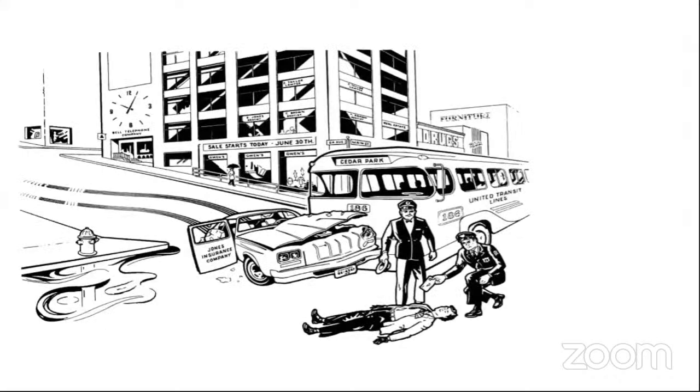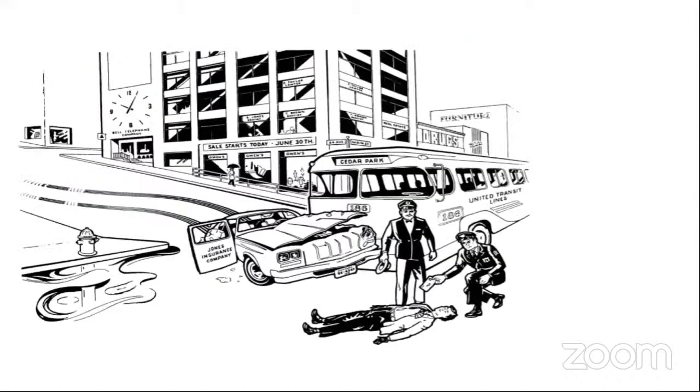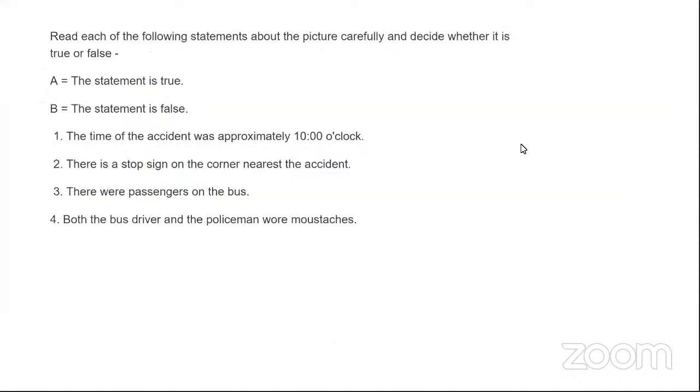So this one had 4 questions, right? So how are we going to divide the marking? For the first set of questions, you're going to mark it from 1.5.